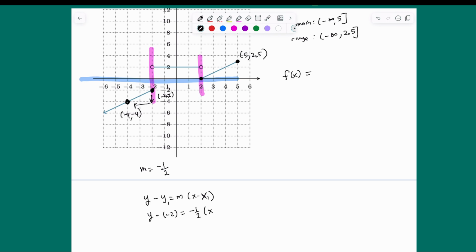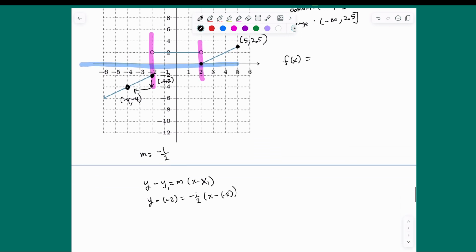What is x1 here? -2. Okay, so we get y minus 2 equals -1/2 times x plus 2. And then when we distribute, we get -1/2 x minus 1 plus 2. So it looks like my function f of x looks like -1/2 x plus 1 if x is less than or equal to -2.